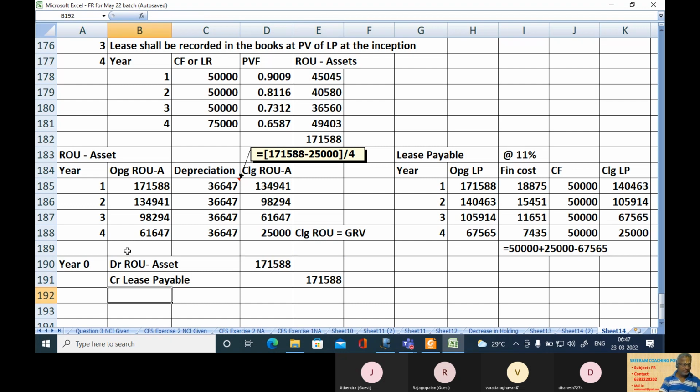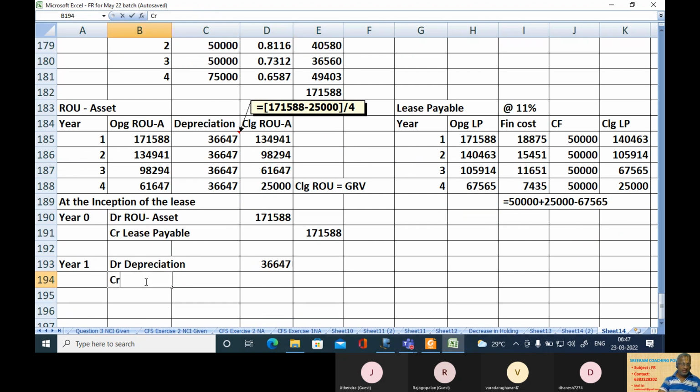This is at the inception. Correct. This is the next. Year number 1. Debit depreciation 36,647, credit ROU asset.